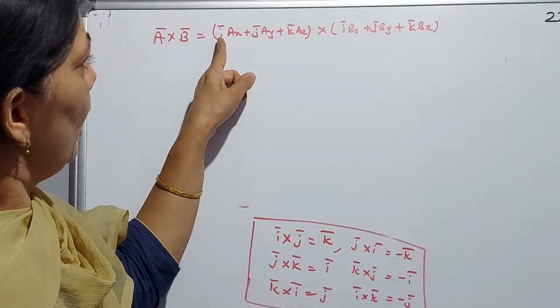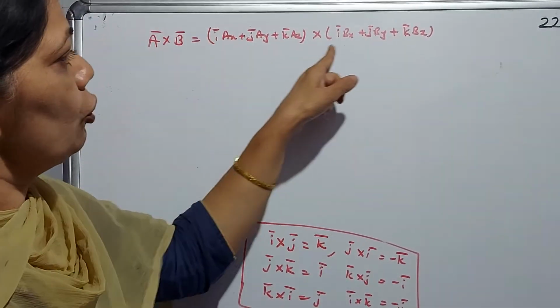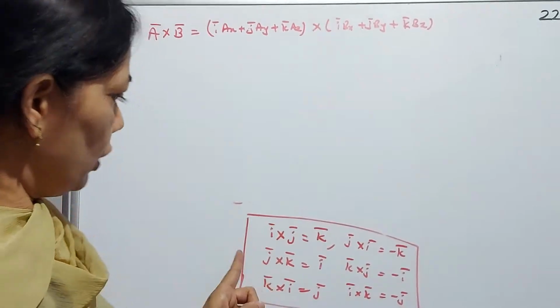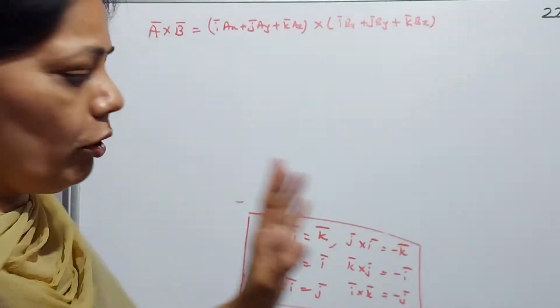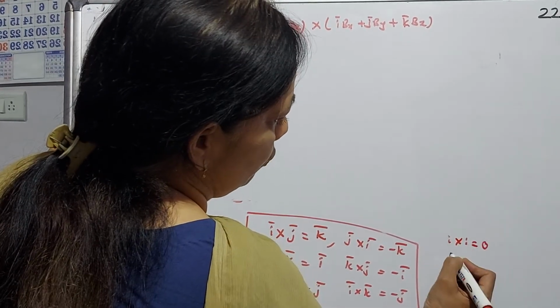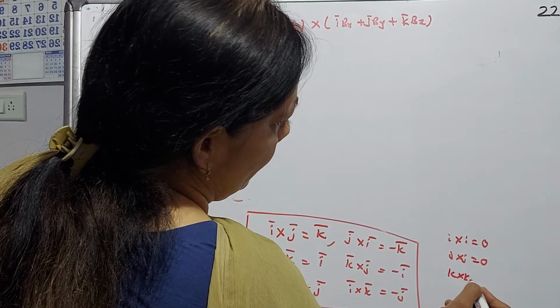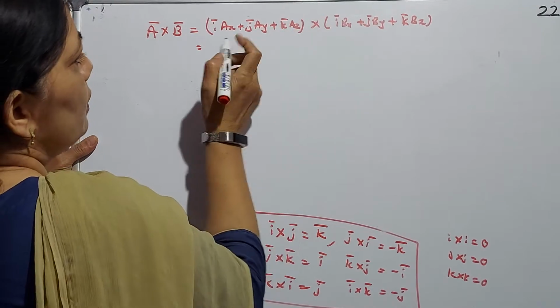So what I'm going to get is IAX cross IBX, IAX cross JBY, IAX cross KBZ, using this. So what is I cross I first? 0, we have already seen that. I cross I is 0, J cross J is 0, and K cross K is 0.